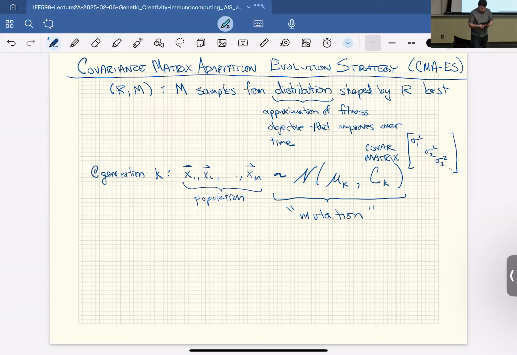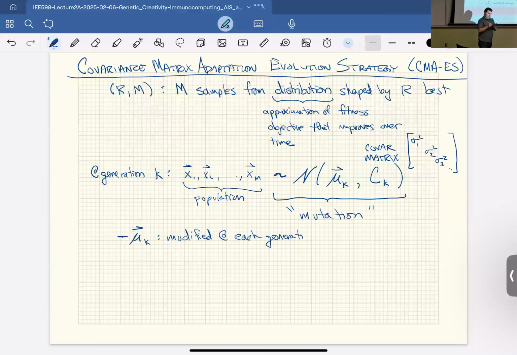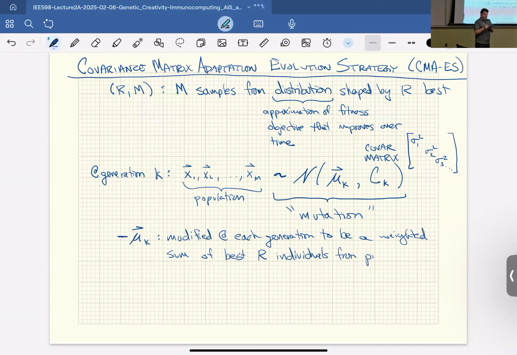Now, how do we update these parameters? Well, this mu k, which I guess I can put a little vector over if that's helpful, this mu k here is modified at each step, at each generation, to be a weighted sum of the best R individuals from the previous generation.